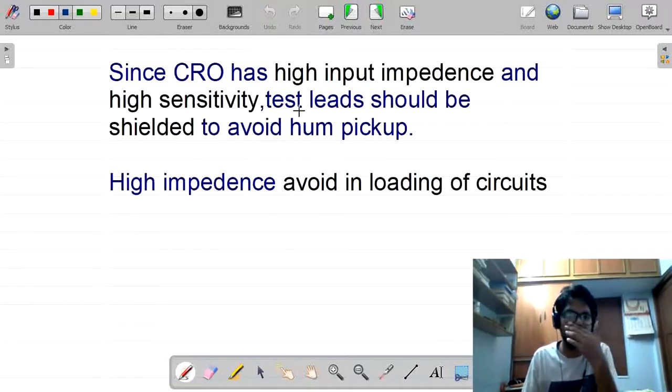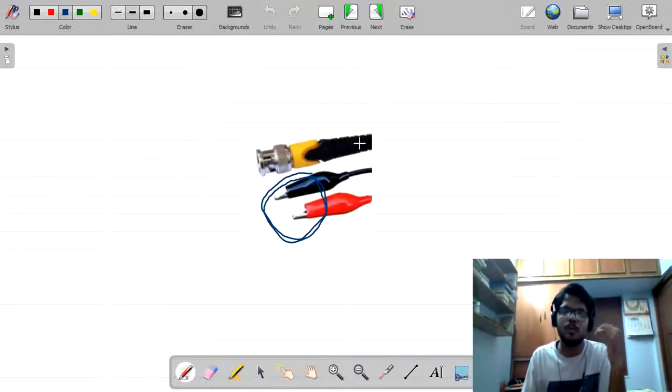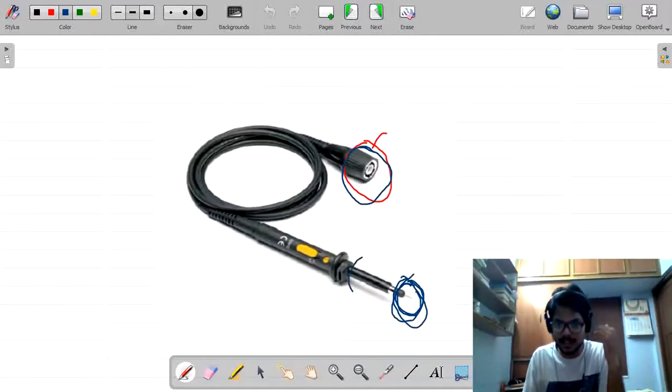Now, since the CRO has a very high input impedance and high sensitivity, the test lead should be shielded to avoid hum pickup. What will happen if there is no shielding on this test lead?